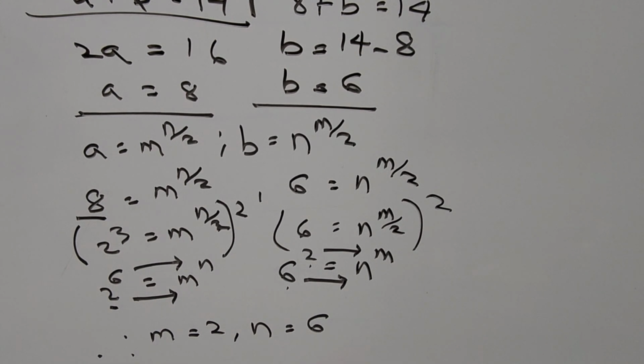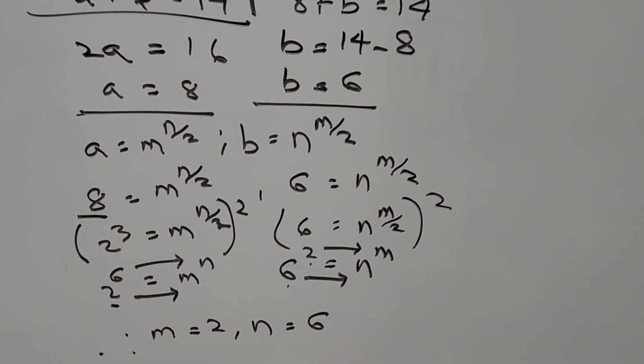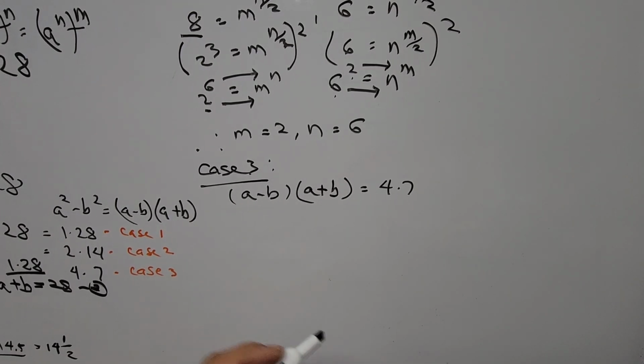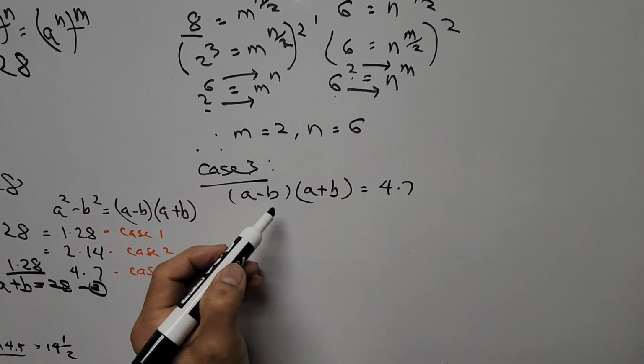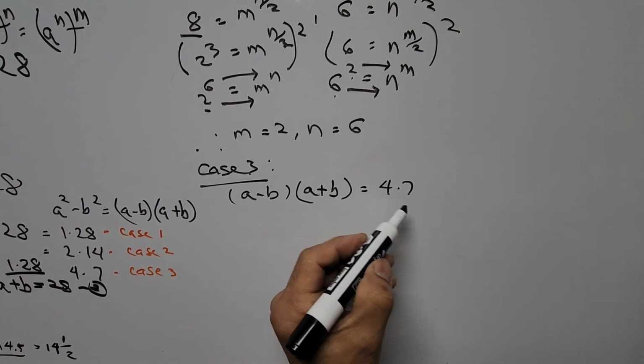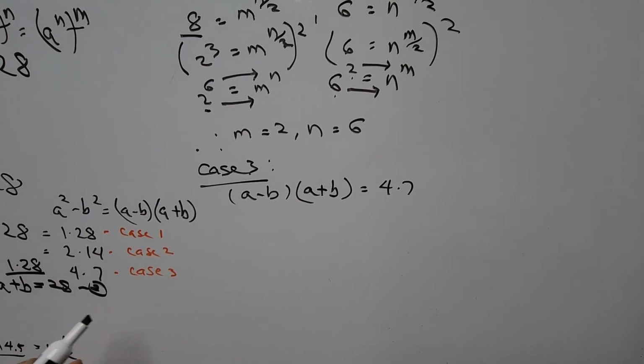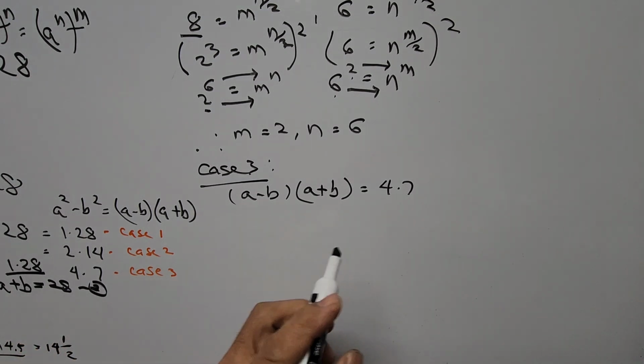And so, what about case 3, where the factors of 28 are 4 and 7? Let's try that. Case 3, okay? And so, we have here case 3, a minus b times the quantity a plus b equals 4 times 7. Factors are 4 and 7 of 28, right? So let's do this.